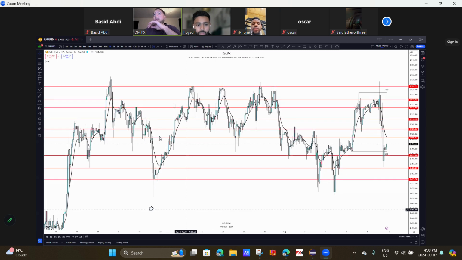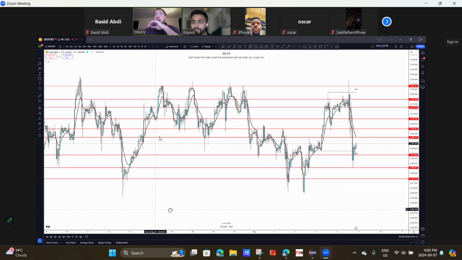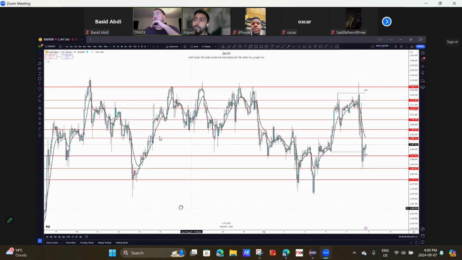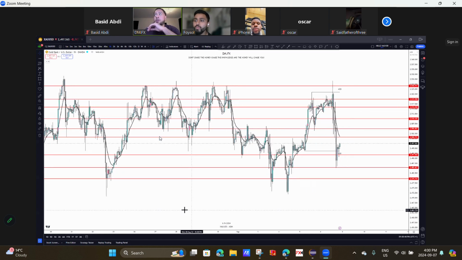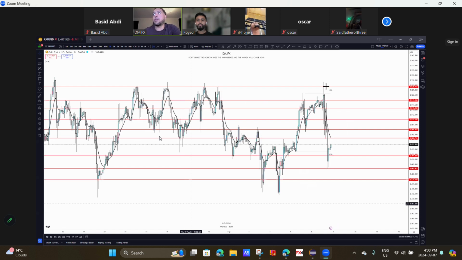Now, let's just say the latest downtrend on gold. We could see how it wicked past the key level, but it hasn't broken it because the candle closed underneath the key level.